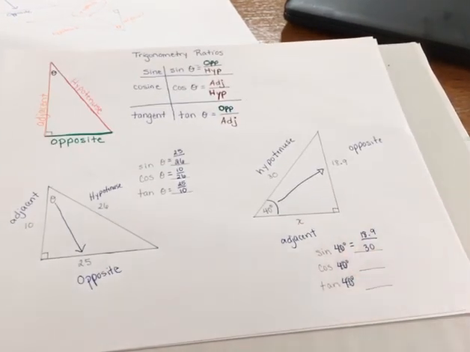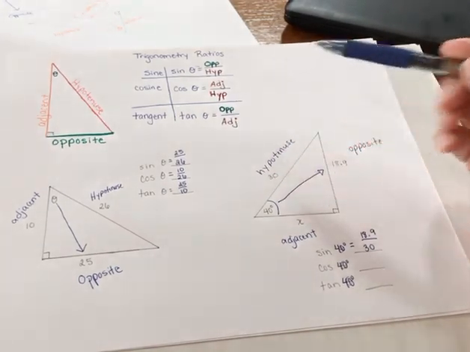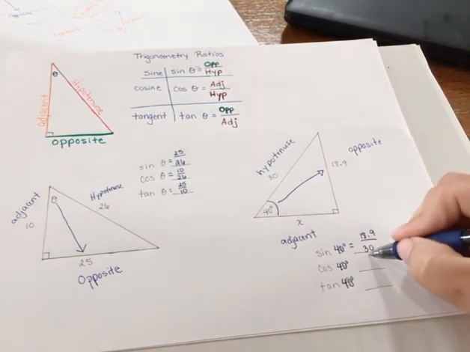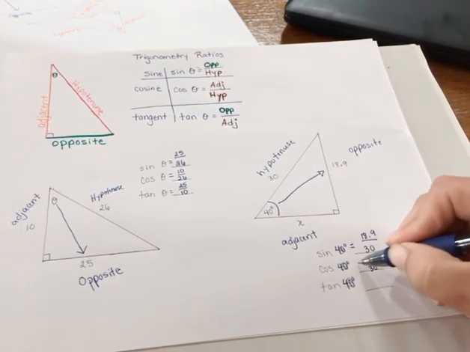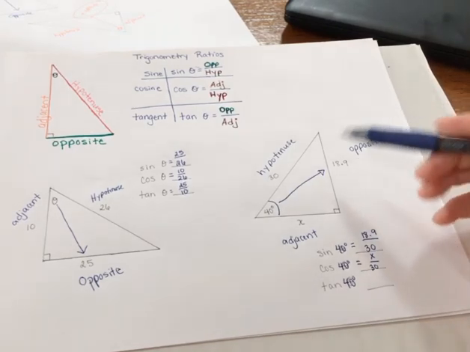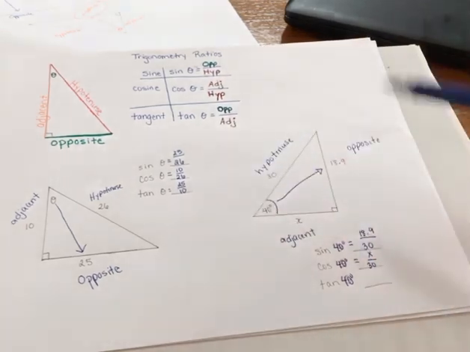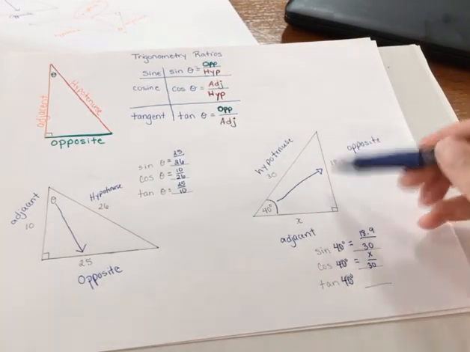The cosine is going to be the adjacent divided by the hypotenuse. The adjacent is x divided by the hypotenuse, which is 30. And then finally we have the tan, which is the opposite divided by the adjacent. The opposite is 18.9.